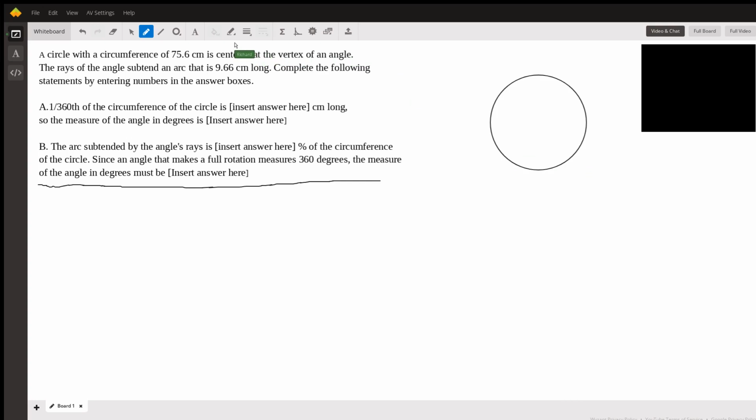So we have a circle, and a circle is centered at the vertex of an angle. So the vertex of an angle is at the center of the circle, and it creates an arc that's 9.66 centimeters.